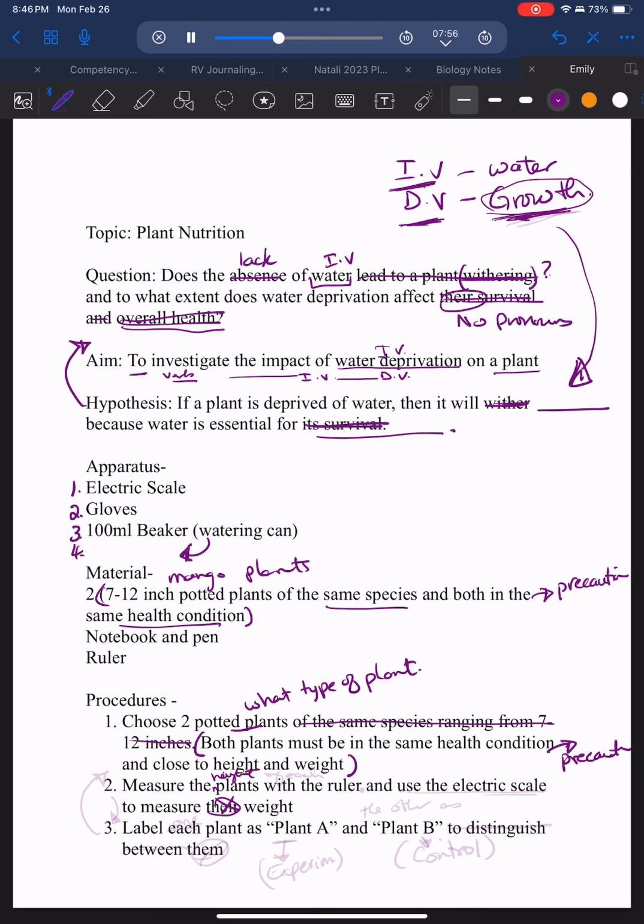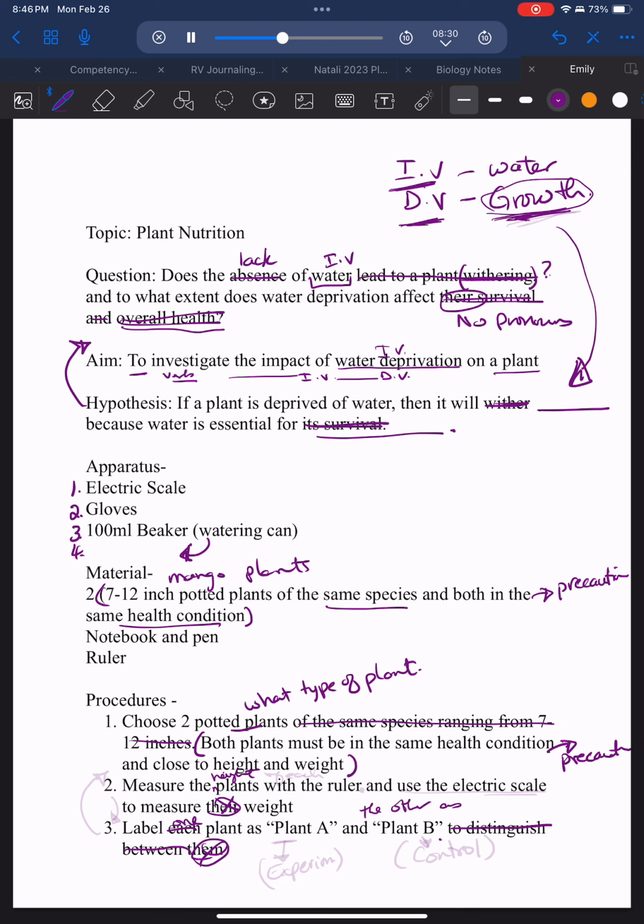You understand? Number 3, label each plant as plant A and plant B to distinguish between them. Once again, pronouns. Label each plant. Label one plant as plant A and the other as plant B. Full stop.